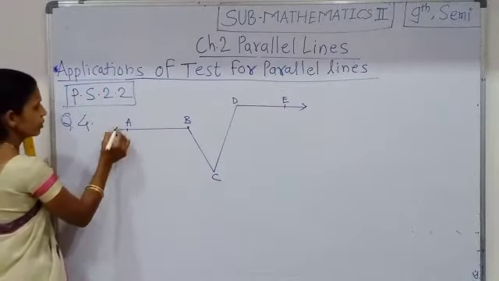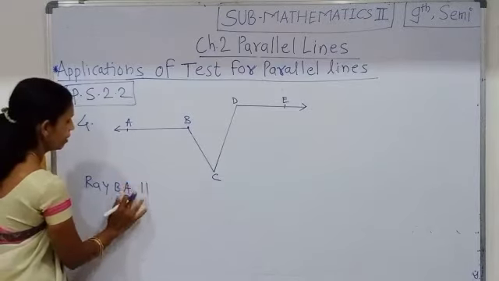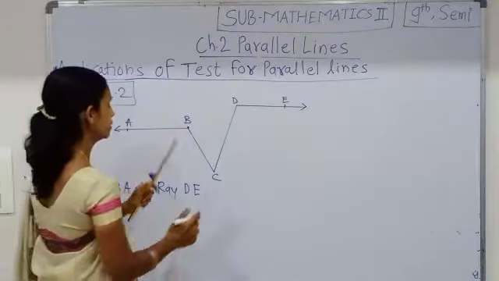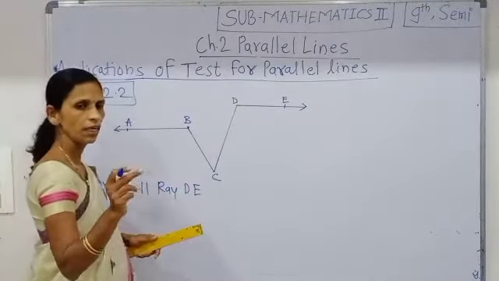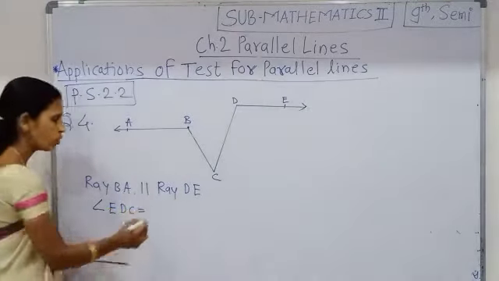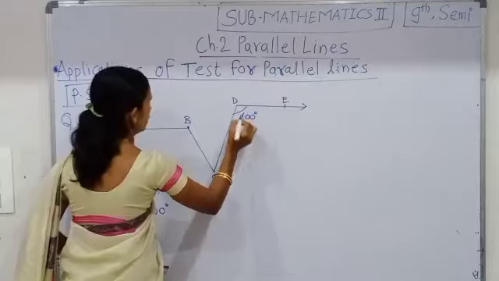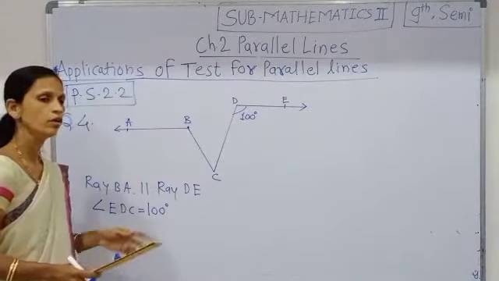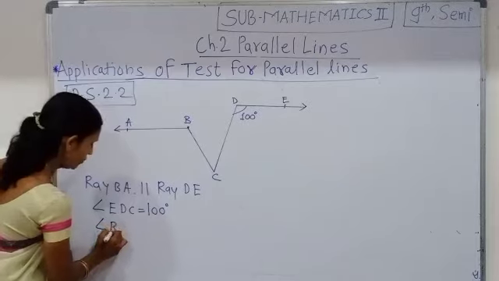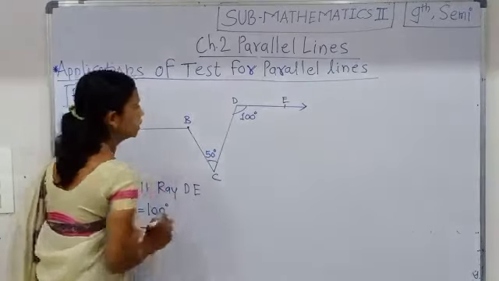See here in this figure, ray BA is parallel to ray DE, and angle EDC is given as 100 degrees, as well as angle BCD, which is given as 50 degrees.